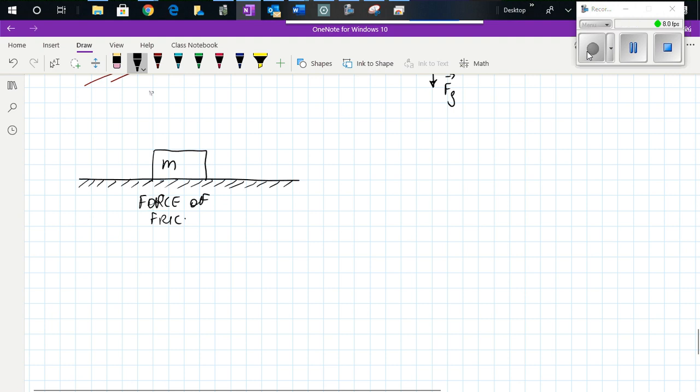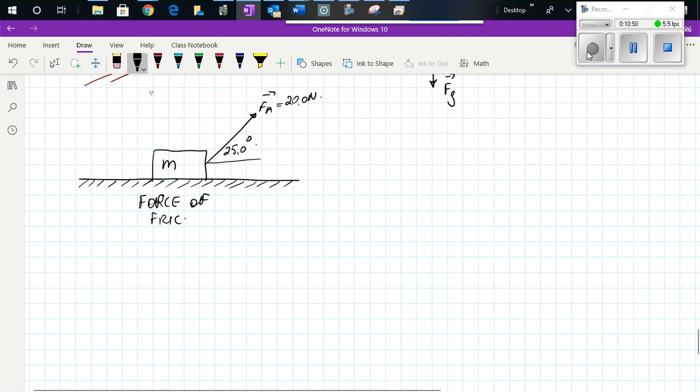And you have a force applied that goes like this, with an angle of, let's say, 25 degrees. And the magnitude of the force applied is 20 newtons.